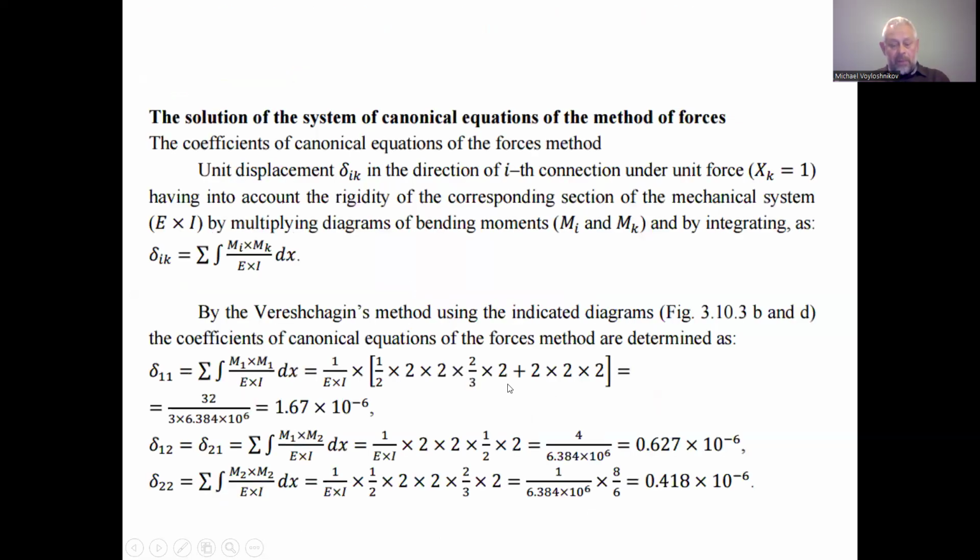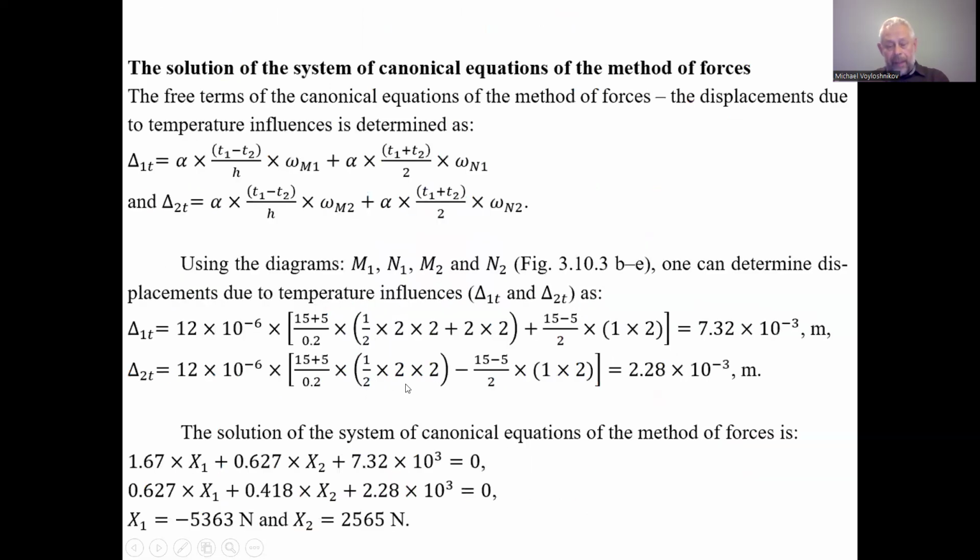So we have this area of the diagrams of the bending moment and the action of the unit force in direction number 1.